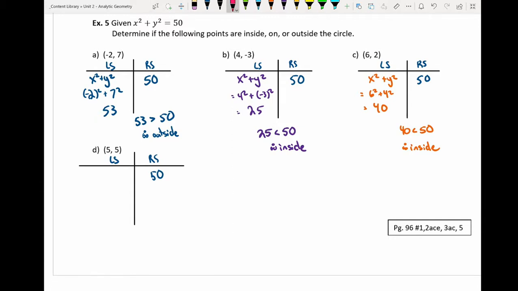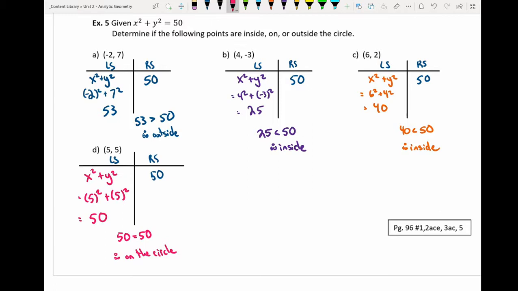And then lastly for D, x squared plus y squared, I get 5 squared plus 5 squared equals 50. Because in this case 50 does equal 50, therefore it's on the circle, or basically it's on this line.